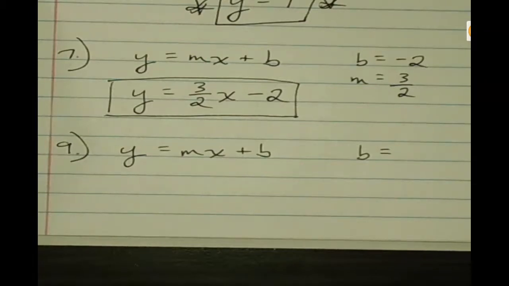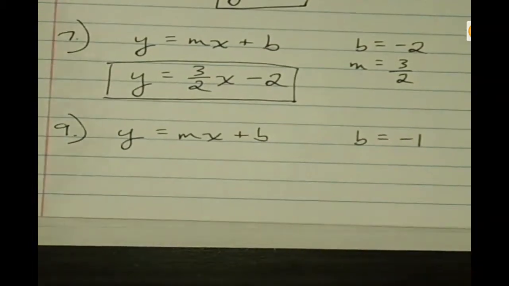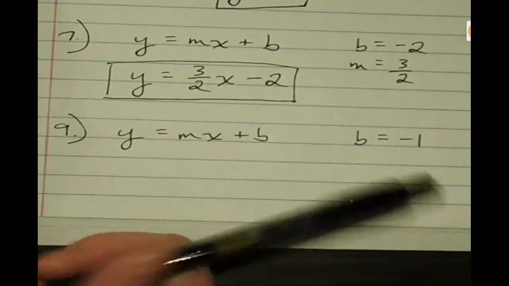Okay, so you're looking at the y-axis, right? The up and down line, and it crosses at negative what? Perfect. Yeah, that's correct. So the y-intercept is negative 1.